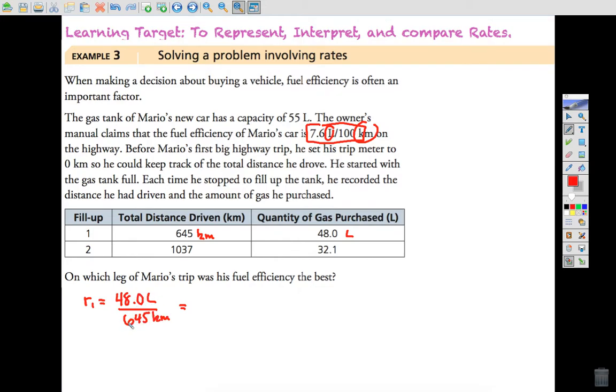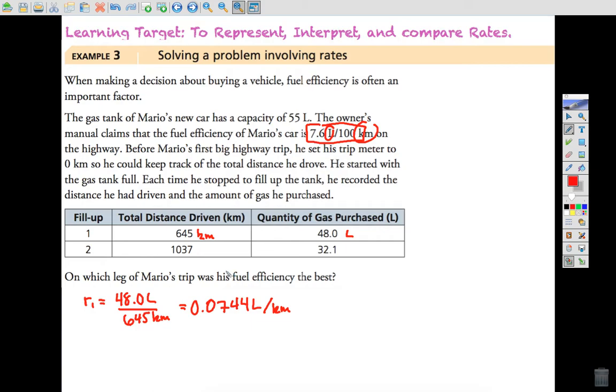So I'm going to take 48.0 liters and 645 kilometers and do a division there. So 48 divided by 645 gives me 0.744. Let's go to the fourth decimal place. So 0.744 liters per every 1 kilometer.